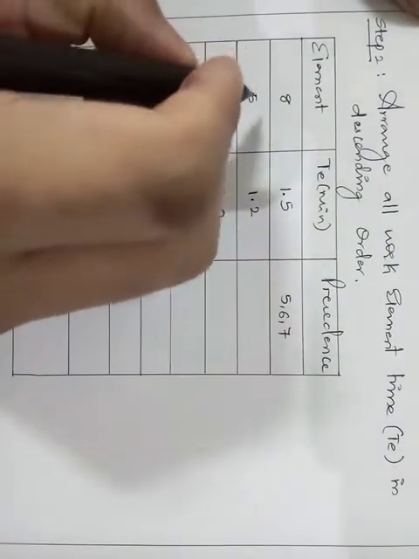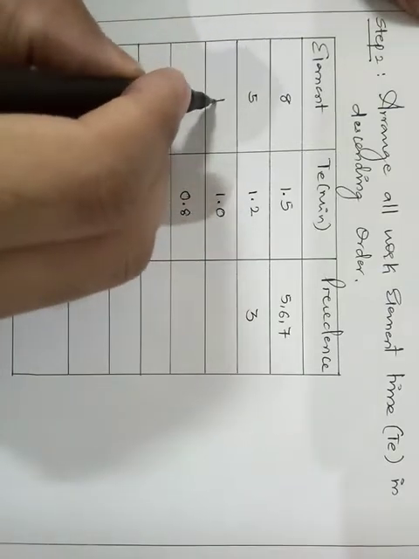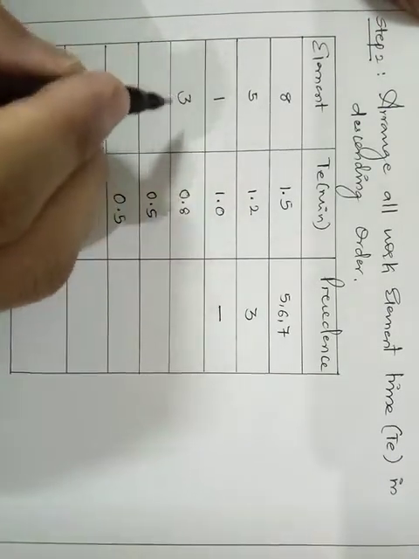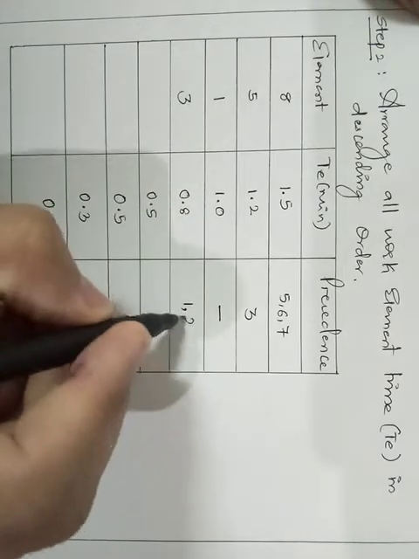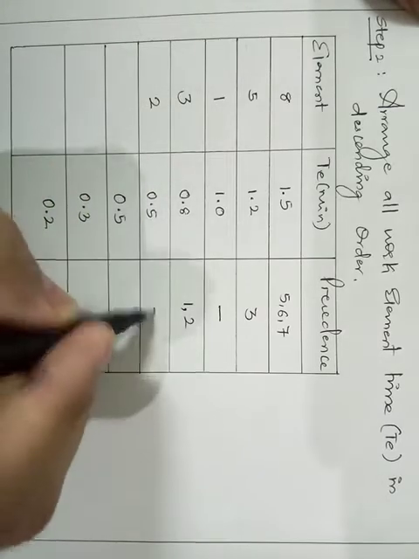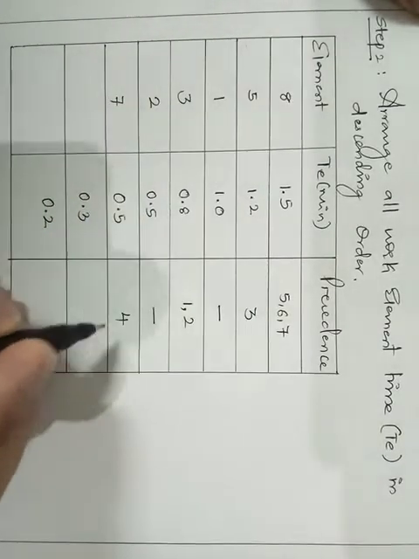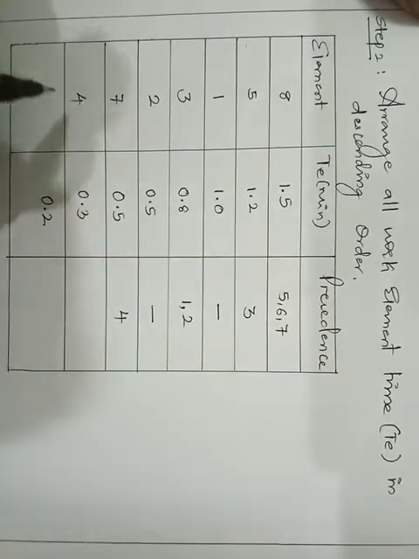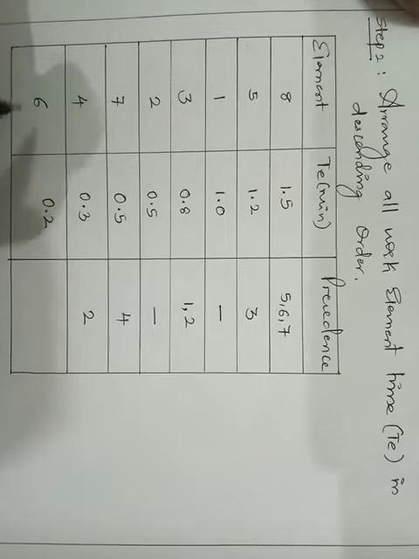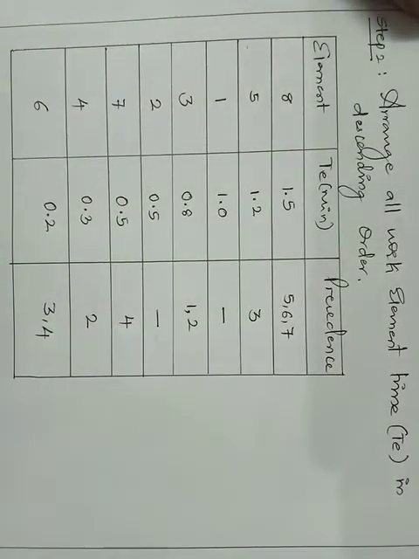Here it is work element number 5, precedence is 3; element number 1, no precedence; element number 3, precedence is 1, 2; element number 2, no precedence; element number 7, precedence 4; element number 4, 2 is the predecessor; and element number 6, 3 and 4 are the precedences.